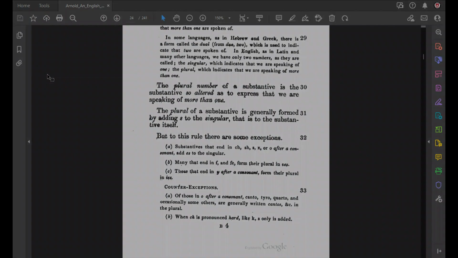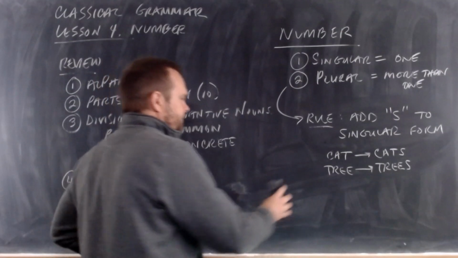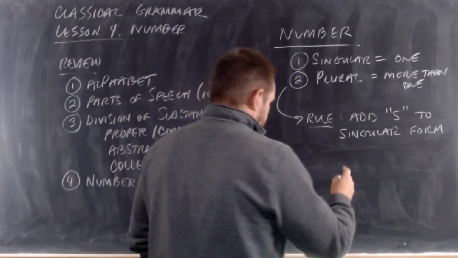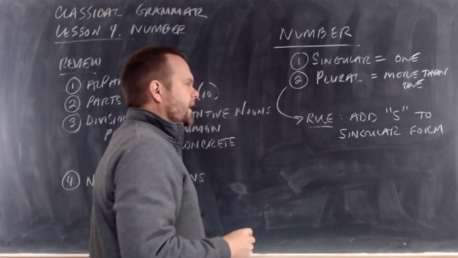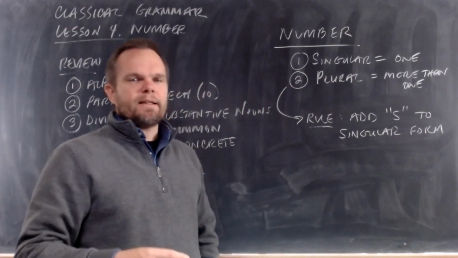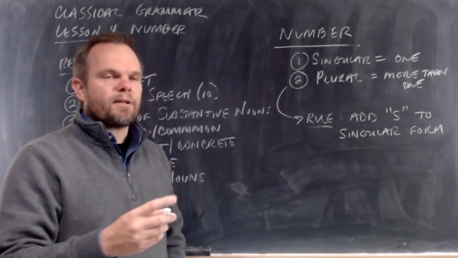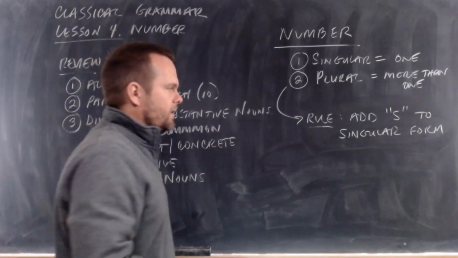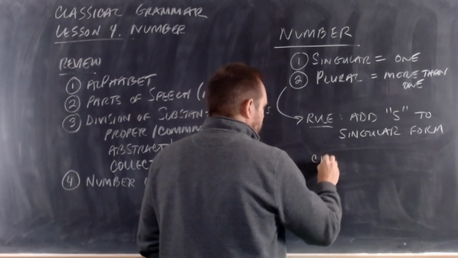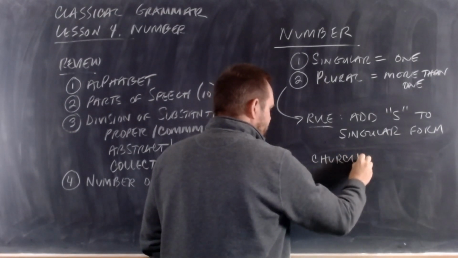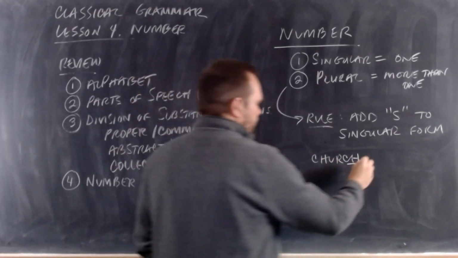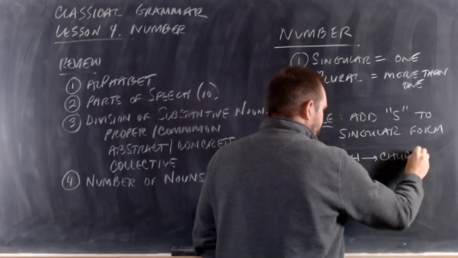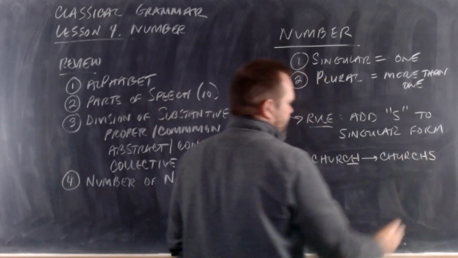So let's look at a few examples of words like that. Words that end in ch don't just add an s to make the plural, but they add es. And this is important because this is necessary for right spelling. So if we have a word that ends in ch, and we want to make the plural form of that word, we don't add an s.